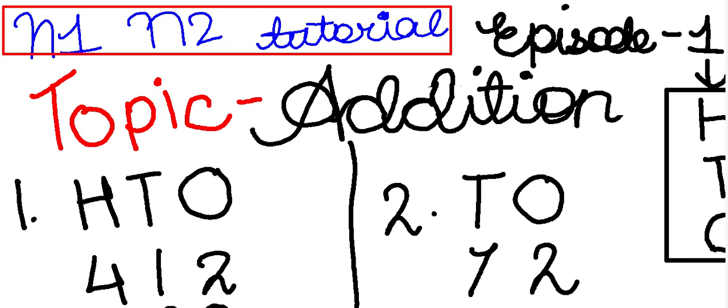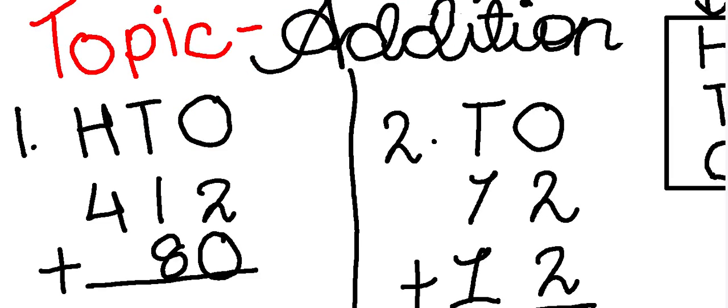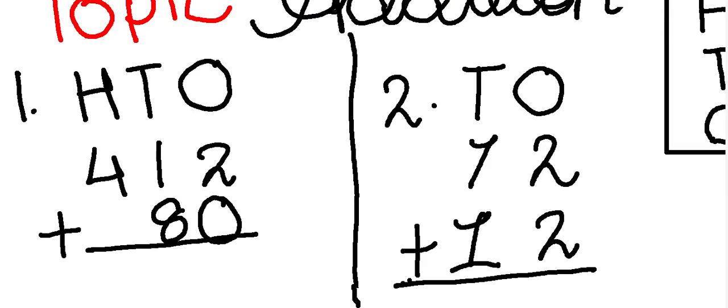Here I have some sums written for you, and hundreds, tens, ones are the houses, and tens, ones are the houses. So the difference between both is, this is the tens and ones and this is the hundreds, tens, ones. So we are just adding hundreds, tens and ones.